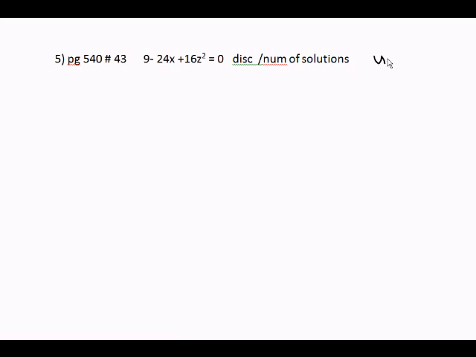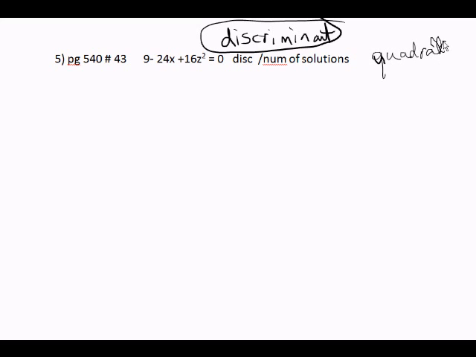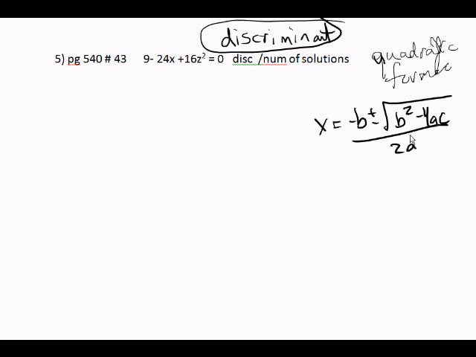Okay, so the next problem, you have to go back. They're going to talk about finding the discriminant. The discriminant. And the formula, we're going to use the quadratic formula, which was x equals negative b plus or minus the square root of b squared minus 4ac all over 2a.